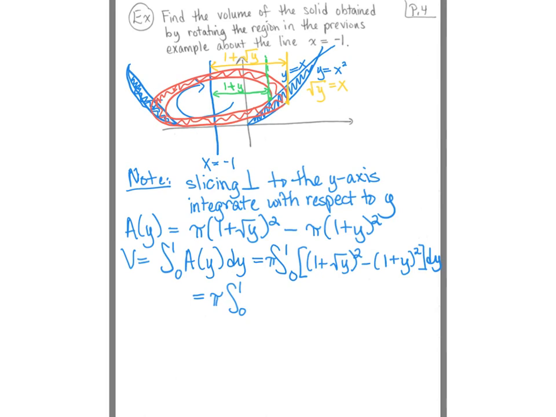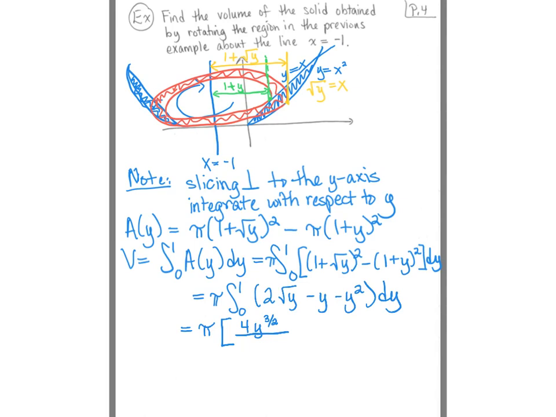So again, what you should do is you should expand this using the FOIL method, expand this using the FOIL method, simplify, and what you will get is 2 square root of y minus y squared dy, and that's equal to pi times 4 times y raised to the 3/2, because square root of y is the same thing as y to the 1/2.